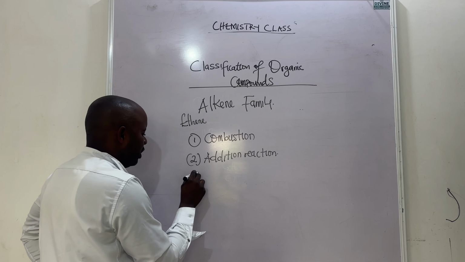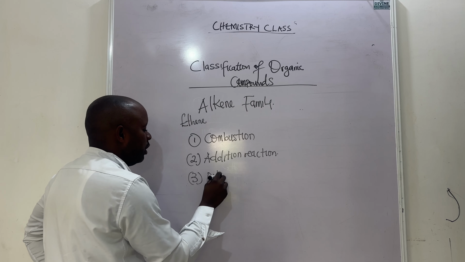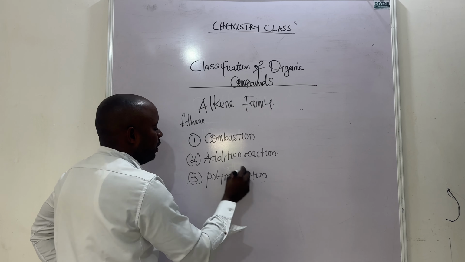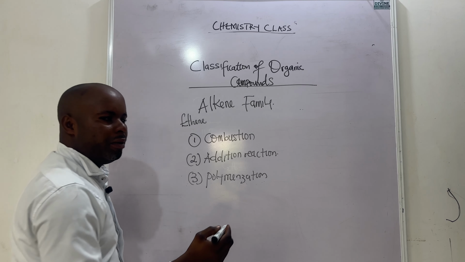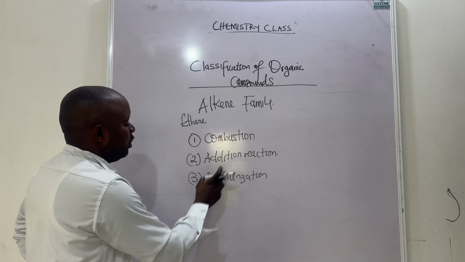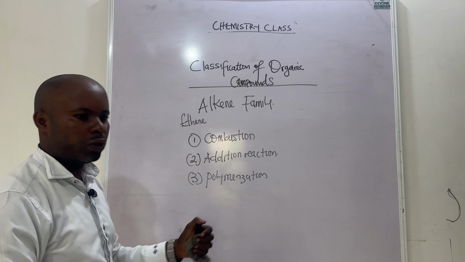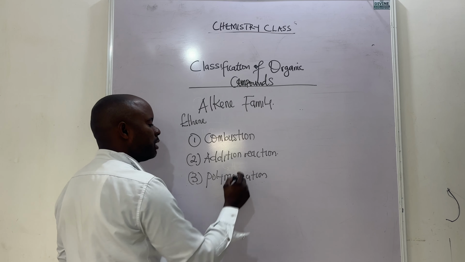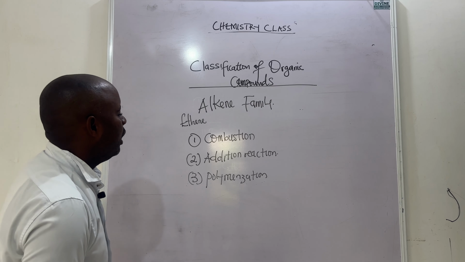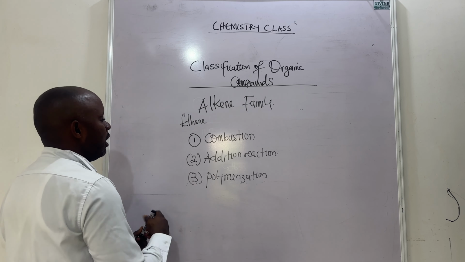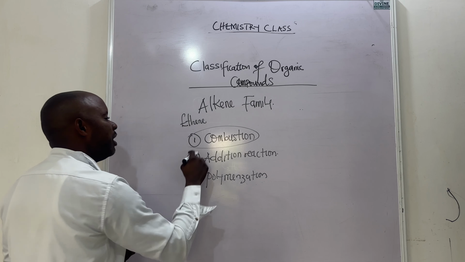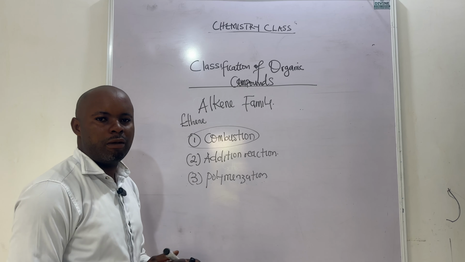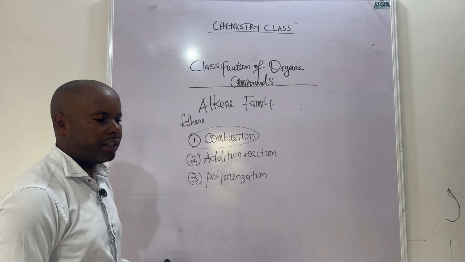They also undergo what is known as polymerization, when two or more simple compounds come together, they form a very gigantic structure. Ethene can form what is known as polyethylene that we use in industry daily. In the combustion reaction, when they react with excess oxygen, they give stable compounds, carbon dioxide and water, at the end.